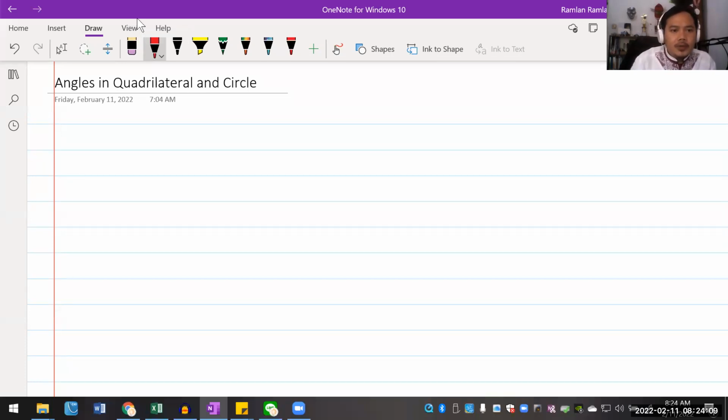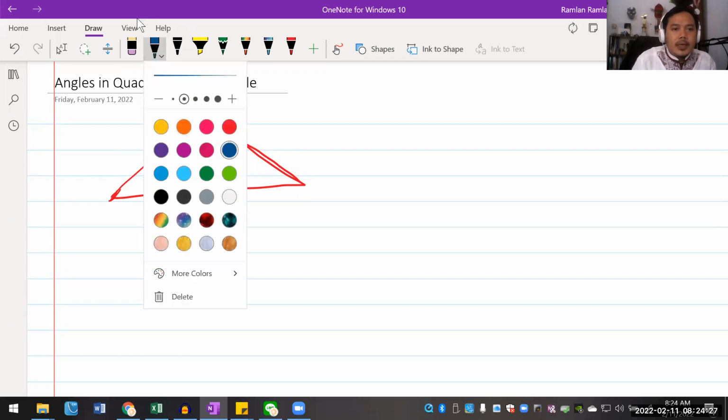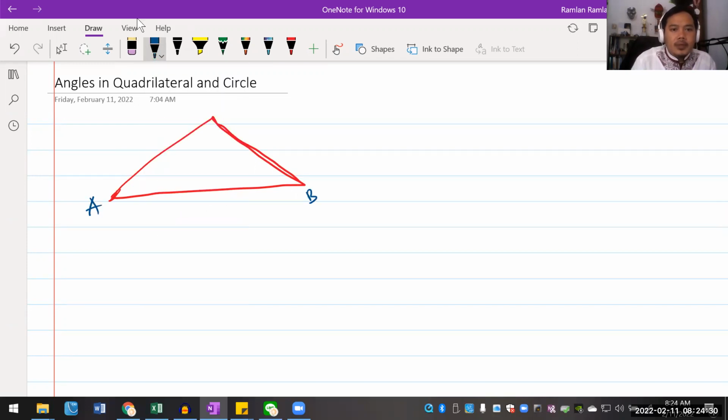If we have any random triangle, let's say the vertices are A, B, and C. This is angle A, this is angle B, and this is angle C. If we add all of the angles, A plus B plus C, that will be 180 degrees.